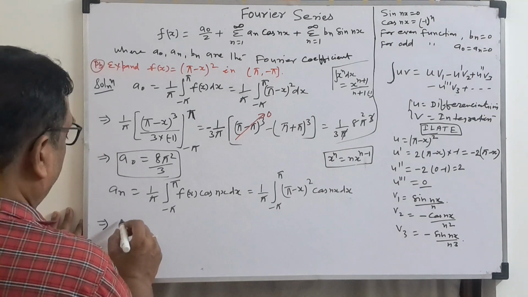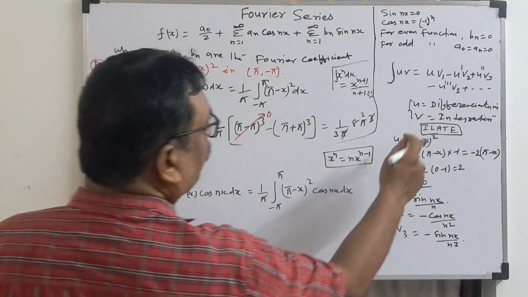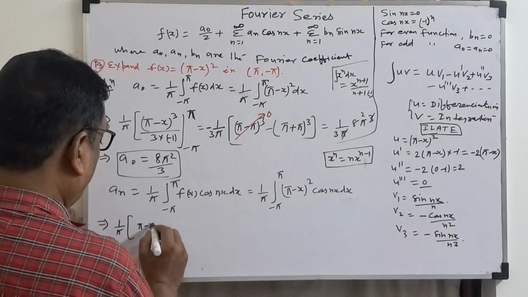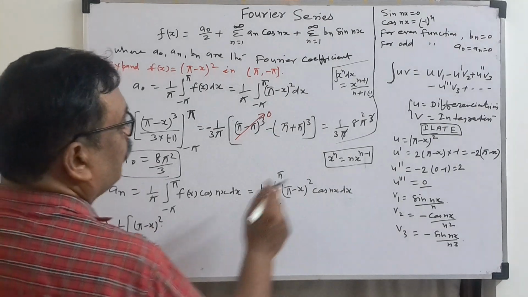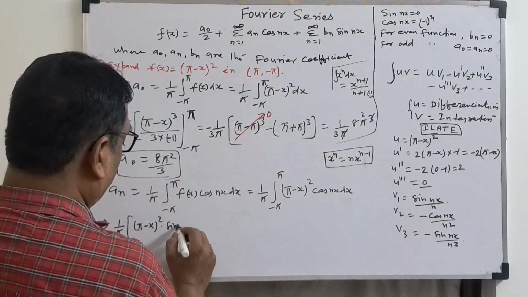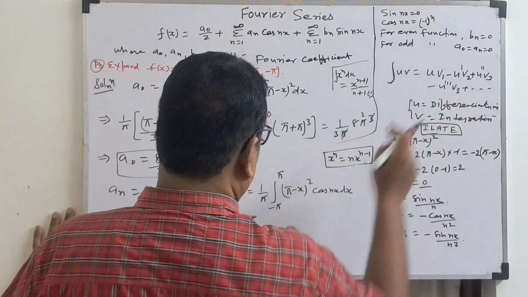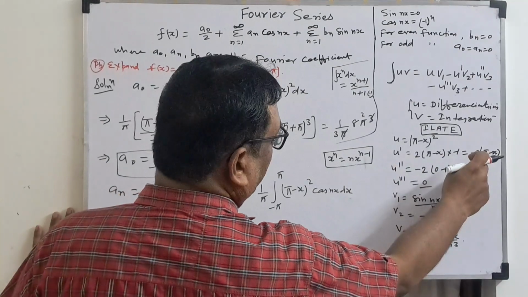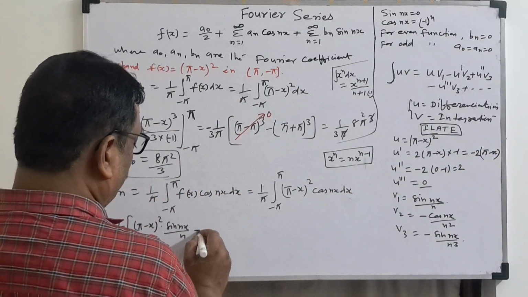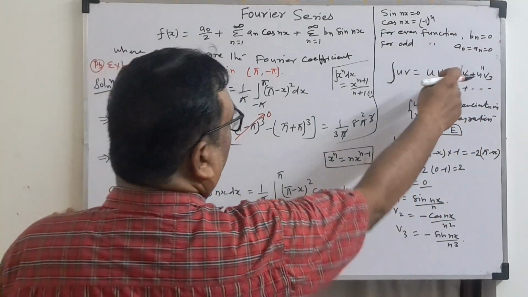So I am writing directly now: 1 by pi, u is (pi minus x) whole square into v1. What is v1? Sine nx by n. Formula minus u dash, and v2 also minus. So finally it will be minus here, because here also minus plus, and then formula minus, so it will be minus.